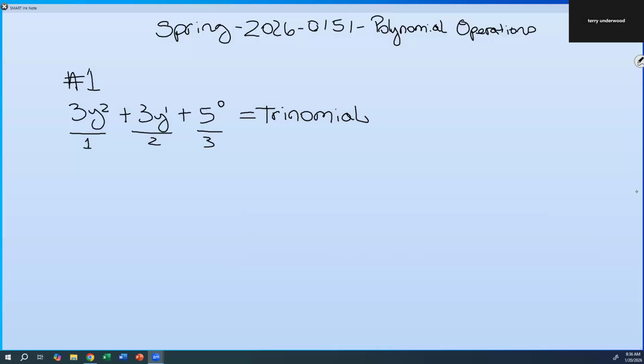Because you have 2, 1, and 0. Just to find the degree, you need to find out which is the higher exponent, or power, in this trinomial.